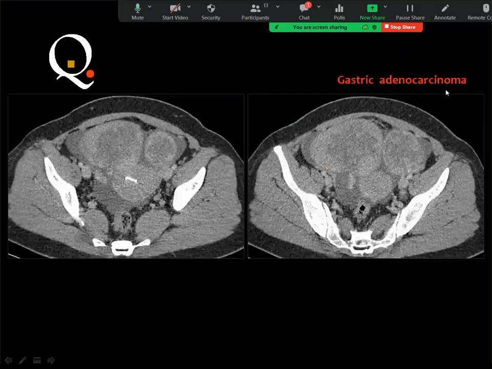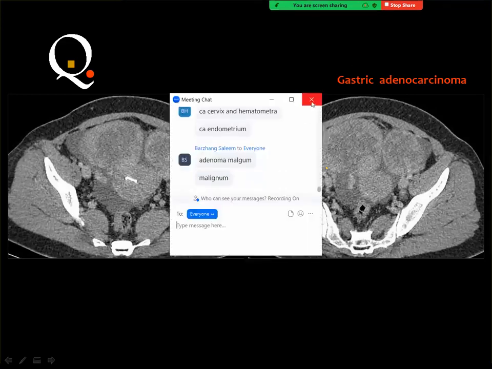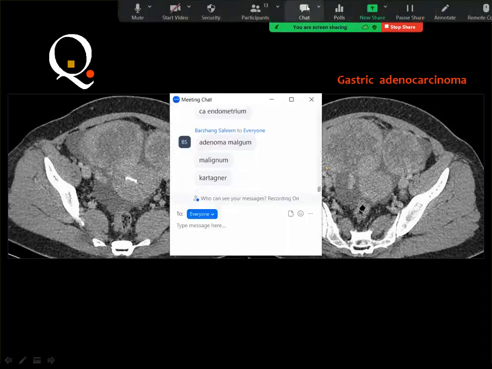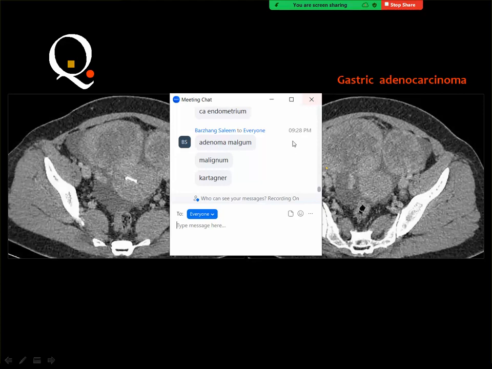Next case, a patient with gastric adenocarcinoma. I think you mean that this is a Krukenberg tumor.